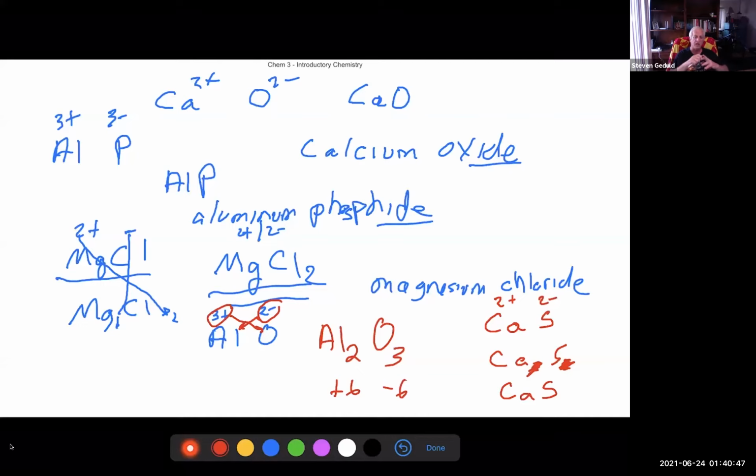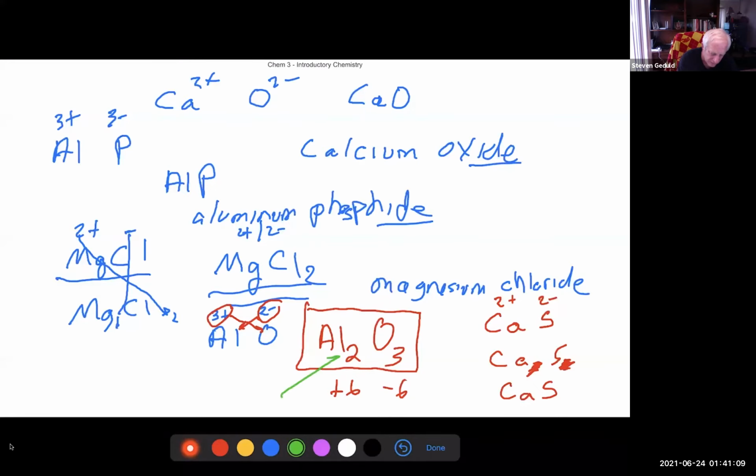So these are your ionic compounds. These are combinations of a metal and a non-metal. When we name this thing, you'll have to name it for the midterm. This is named aluminum oxide. You don't name the subscripts. See this little 2 down here and this little 3 down here? This is not dialuminum trioxide.